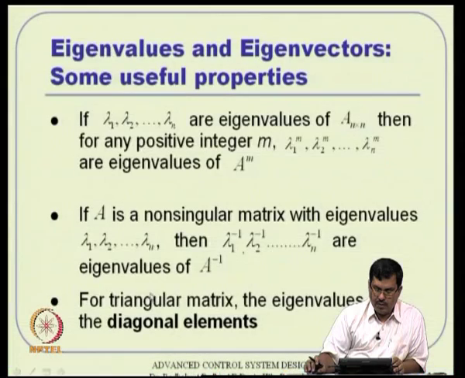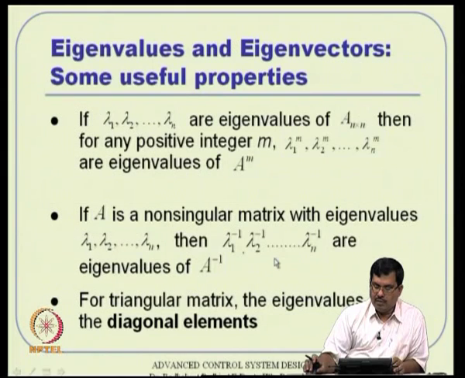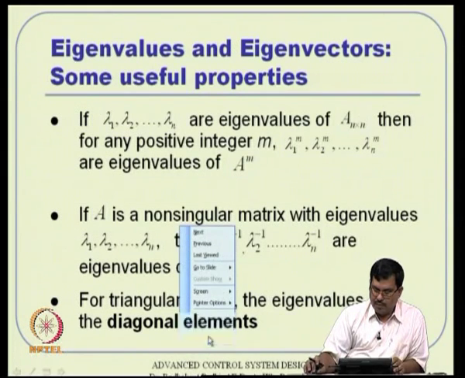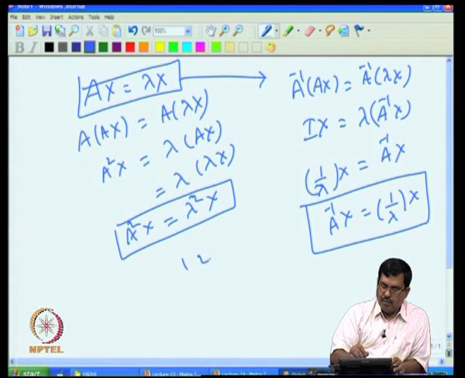If you go back to the definition, suppose I have a triangular matrix, then the characteristic equation is nothing but lambda minus the diagonal element 1, lambda minus the diagonal element 2, and so on. As an example, take the matrix with rows 1, 2, 3, then 0, 2, 3, and 0, 0, 3.